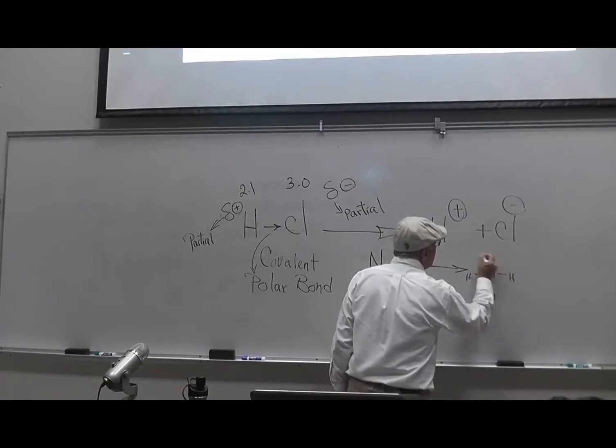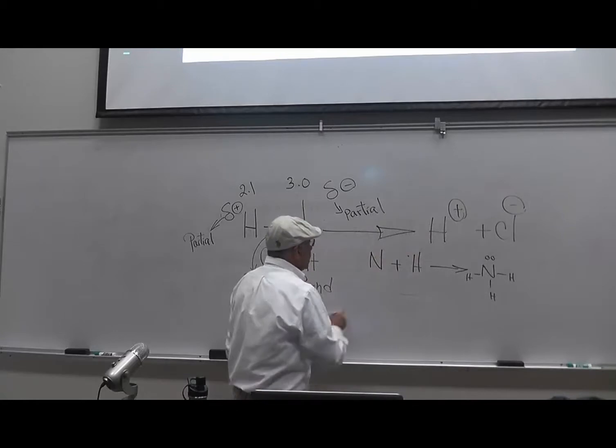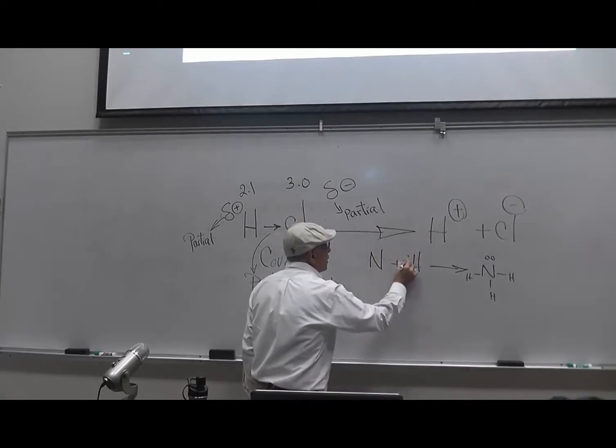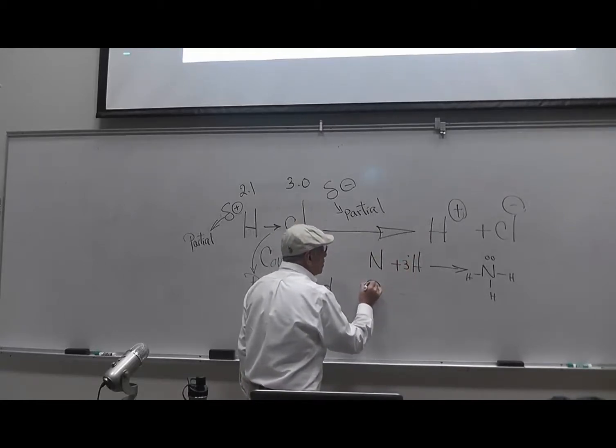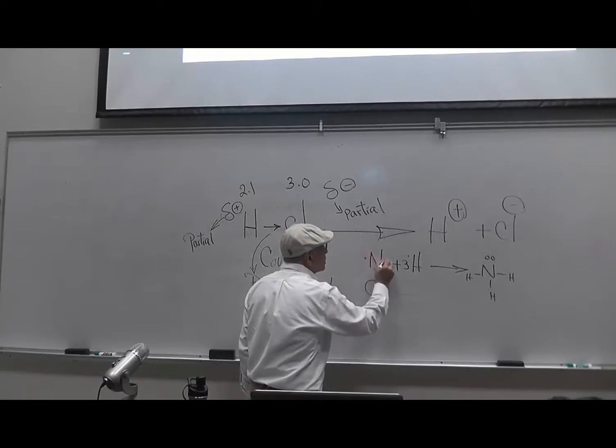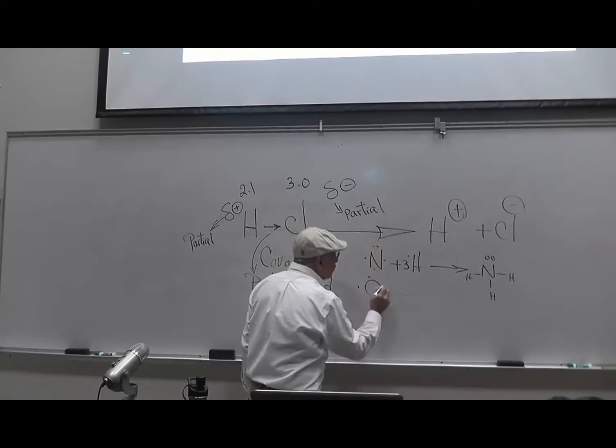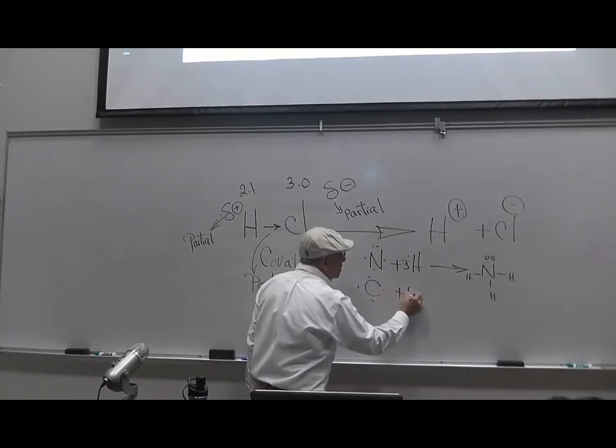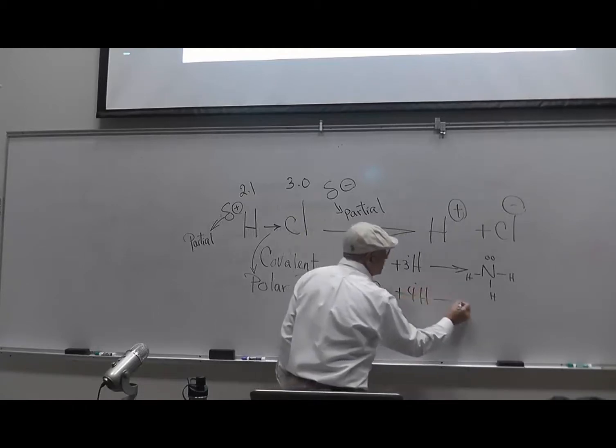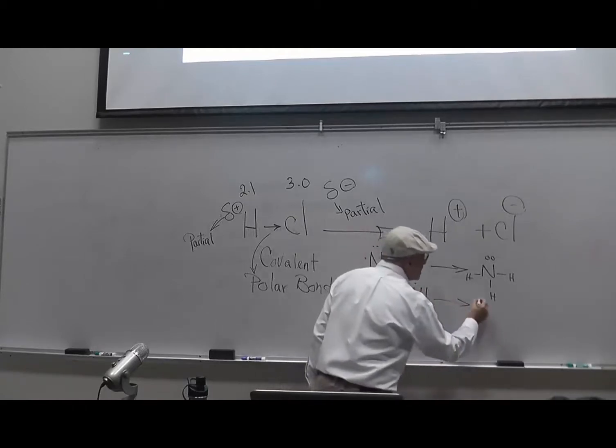This is the formula of ammonia. I need 3 of these. You also learned that carbon, and the reason was the electron dot formula, carbon with 4 valence electrons reacts with 4 hydrogens to make CH4.